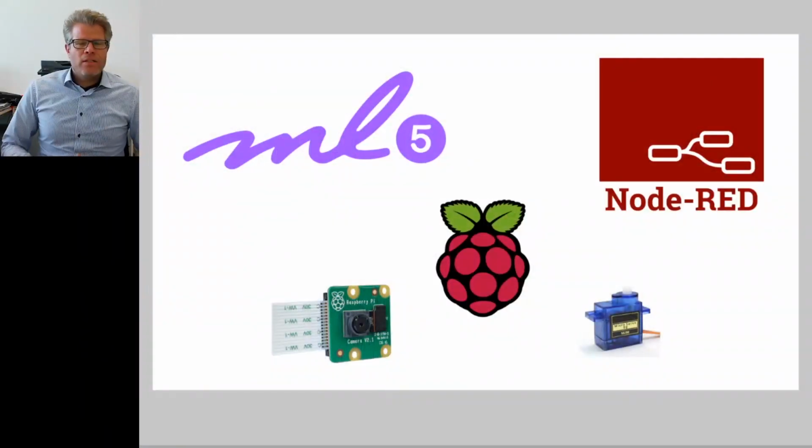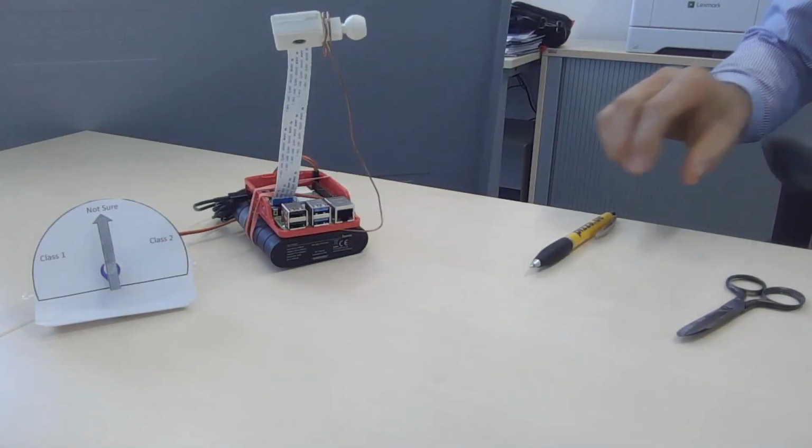We use software libraries like the ml5.js, the well-known software framework Node-RED, and of course some hardware, mainly a Raspberry Pi, a camera module, and a small servo drive. And the outcome of that can look like this.